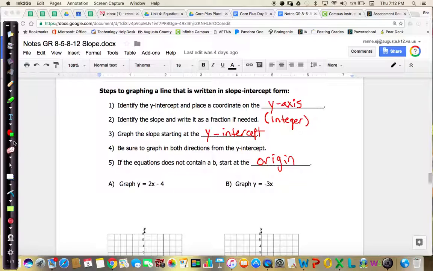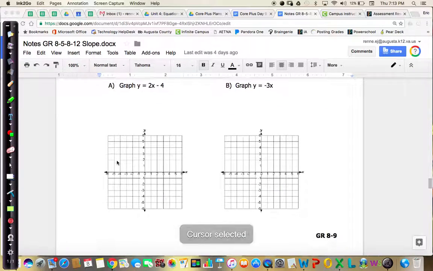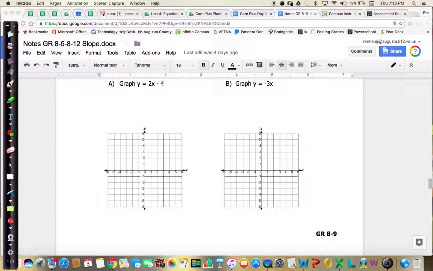Okay, let's look at our first example, and it's y equals 2x minus 4. So the first step is to identify the y-intercept. So it's minus 4, which we know that also means negative 4.